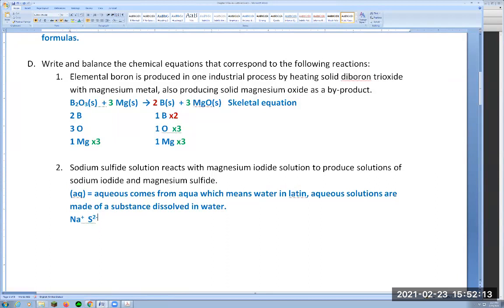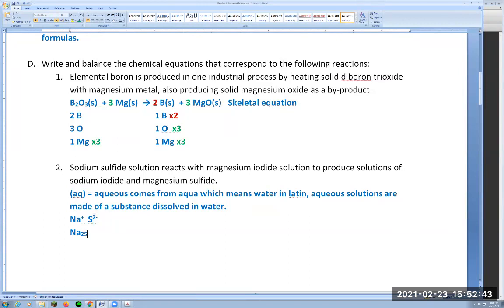So let's find the formula of Na+ and S2-. Here you can do the crisscross trick, and you can see that the 2 of the charge of the sulfide will become a subscript for sodium. So it's going to be Na2, and that is a subscript for sodium, and that comes from the 2 of sulfide.